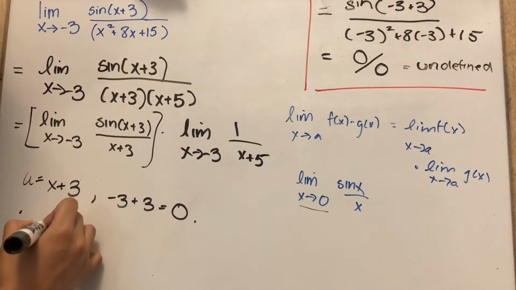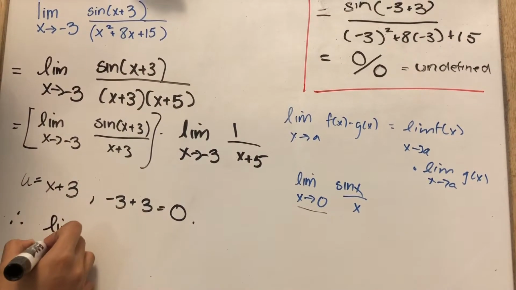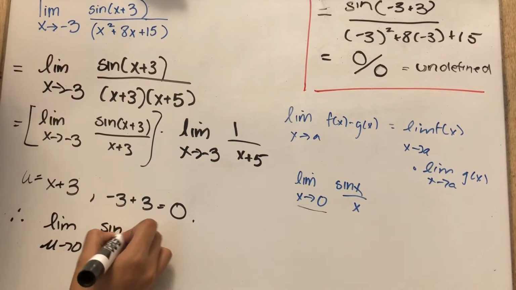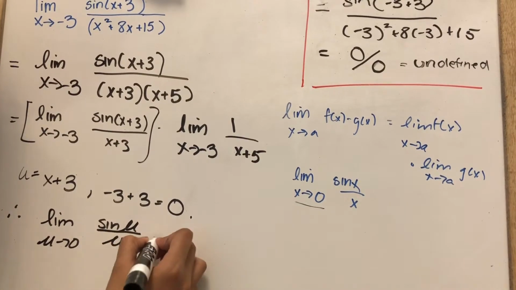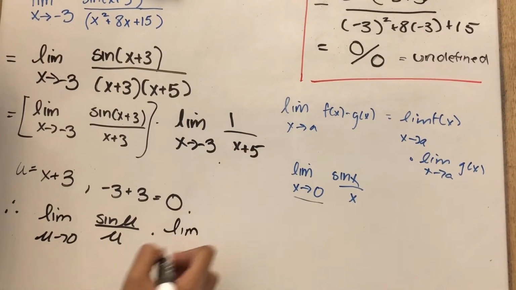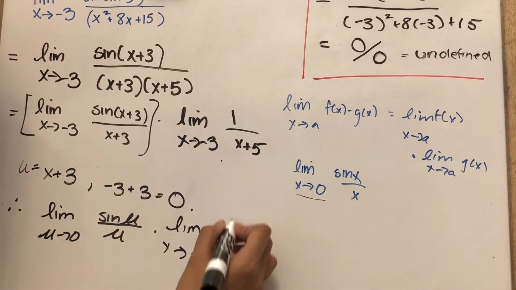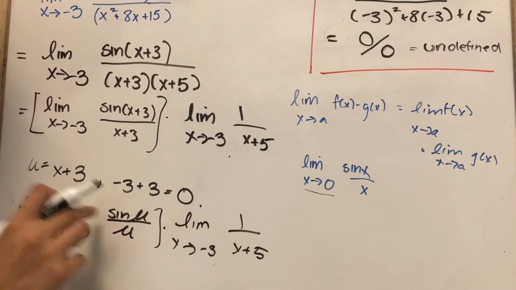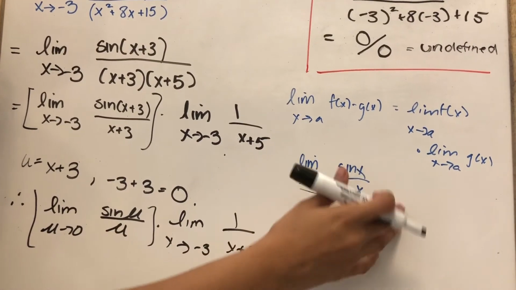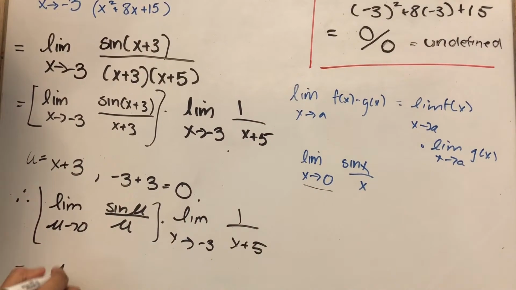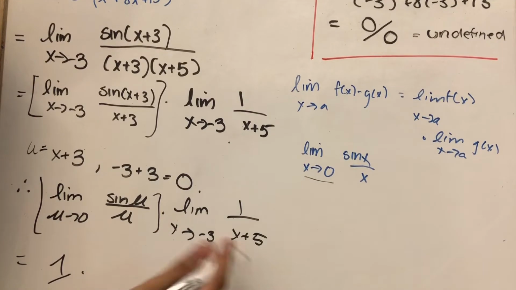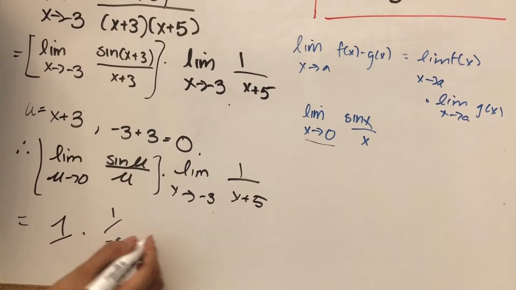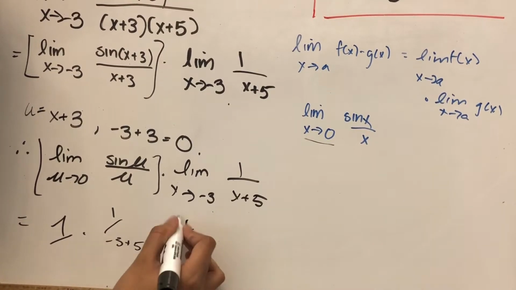So therefore, the limit as u approaches 0 is equivalent to sine u over u multiplied by, don't forget the other side, the limit as x approaches -3 of 1 over x plus 5. Now the first part will equal 1 because of the trigonometric law defined here. And of course, if I sub in x as -3, I get 1 over -3 plus 5, which is equal to 1/2.